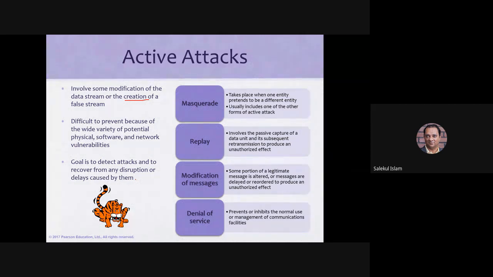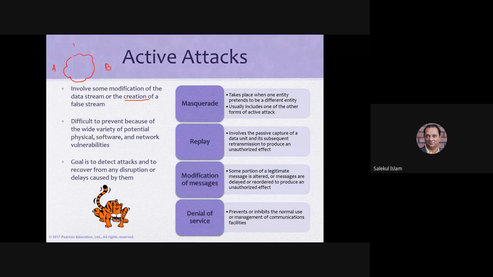So we can divide the active attacks into four categories. Definitely there are other categories, but broadly there are four types. The first one is masquerade. Masquerade takes place when one entity pretends to be a different entity. Maybe we have Alice and we have Bob, but right now Alice is not sending anything to Bob, and say this is our network.